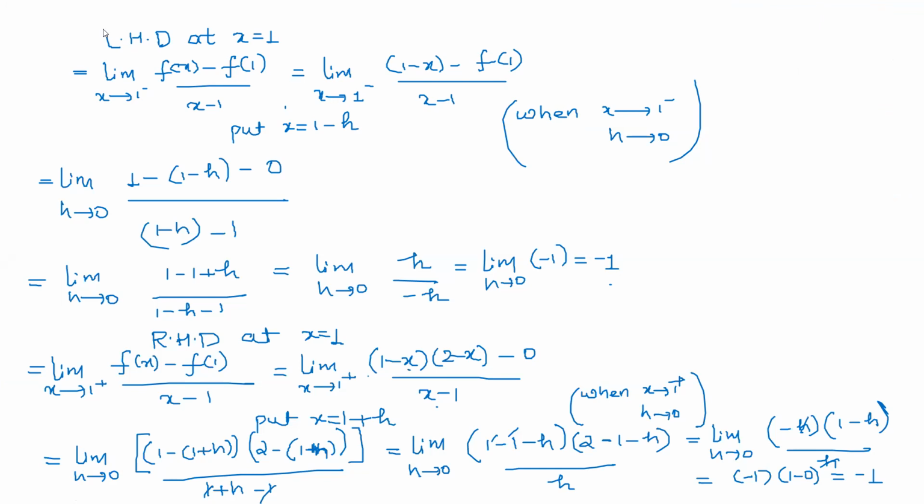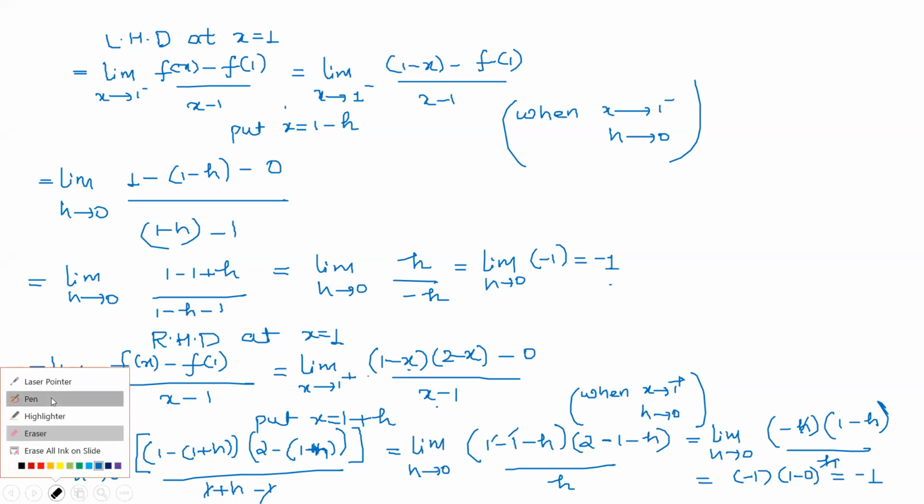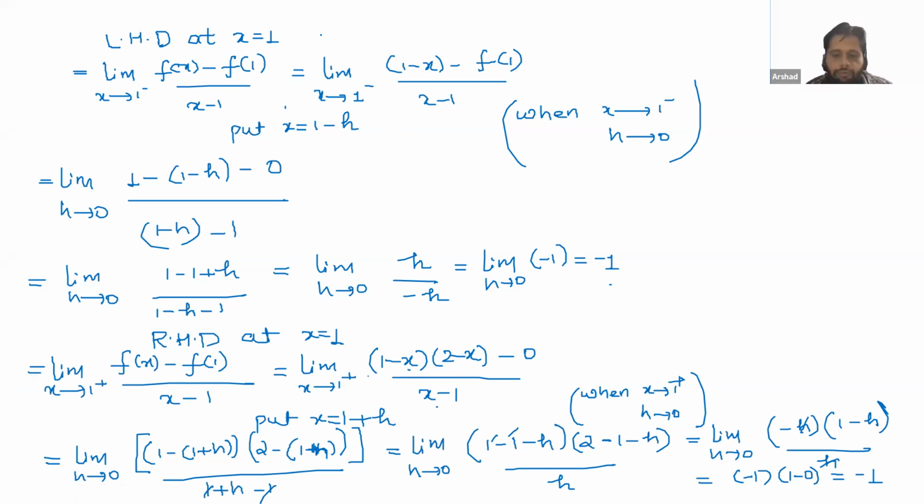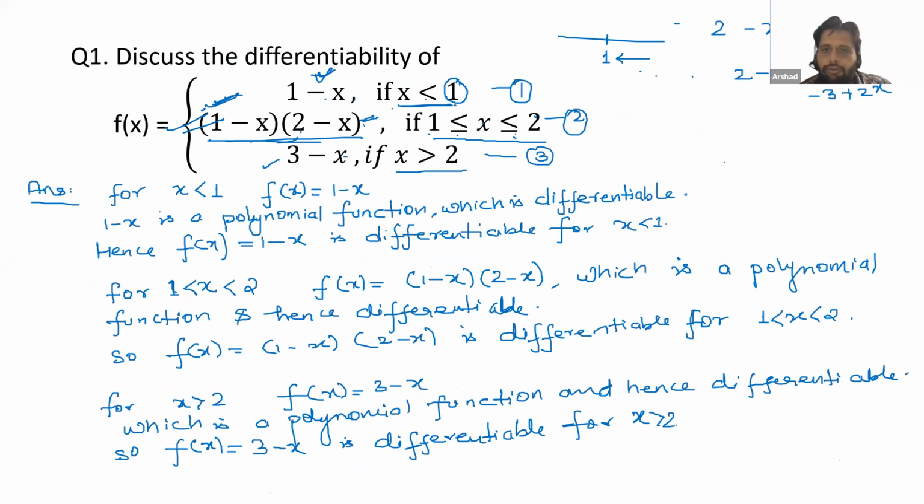First, your question is for LHD at x is equal to 2, we have to use the third equation because x should be slightly greater. You're saying about LHD first. So for LHD, suppose this is 2.